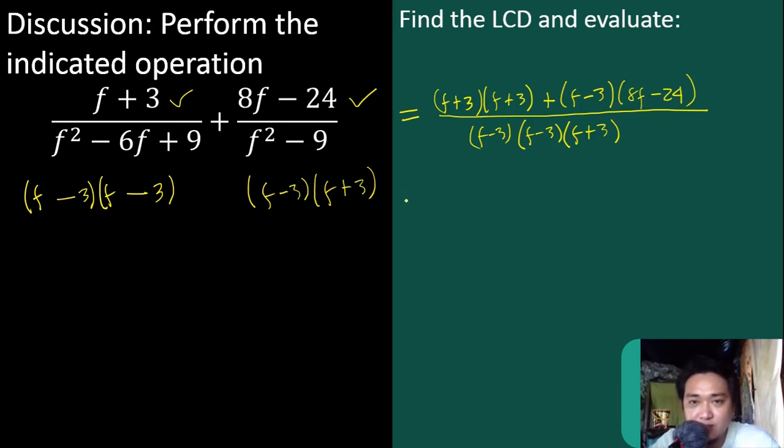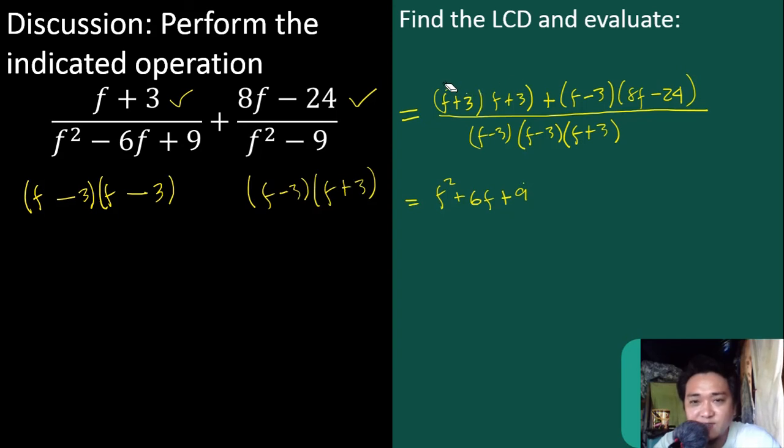Now the next thing that we are going to do is to evaluate the numerator here. So I think this pertains to the product of two binomials, and it will result in a perfect square trinomial. So that will be f squared plus 6f plus 9. So how did we do that? F times f, f squared, 3 times 3, 9.